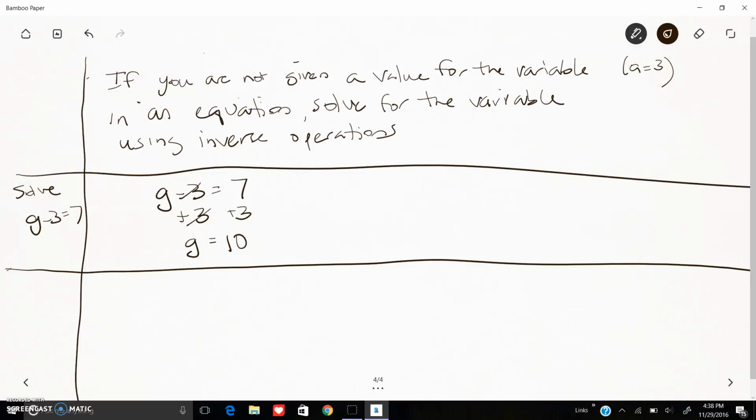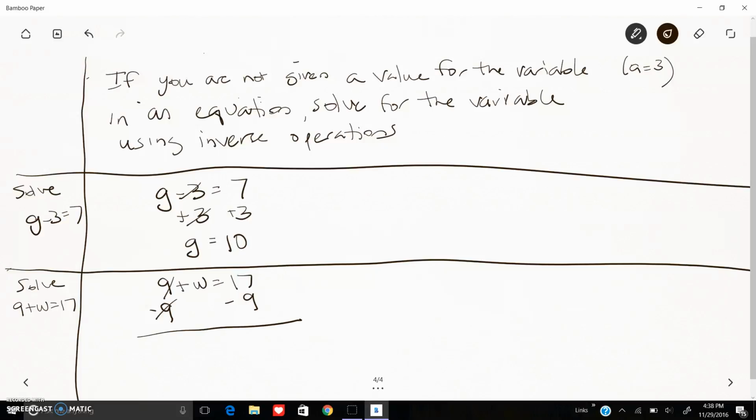How about solve 9 plus w equals 17. Even though these are flip-flopped, this is actually a positive 9. So we can do the opposite of positive 9, which is subtract 9 from both sides.